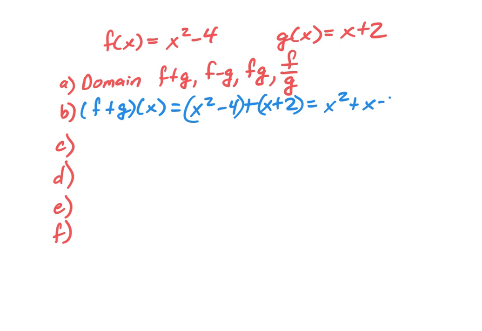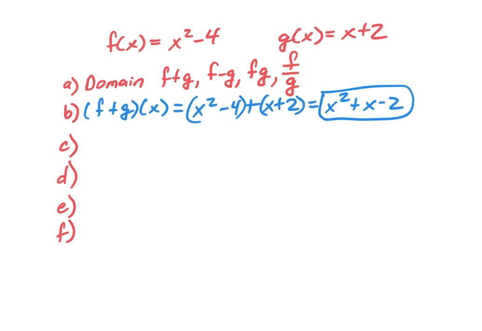Negative 4 plus 2 would be negative 2. That would be our answer, f plus g of x. I'm going to wait, and we're going to do all these parts first, and then we'll come back and talk about what the domain of each one of these might be, all at the same time.